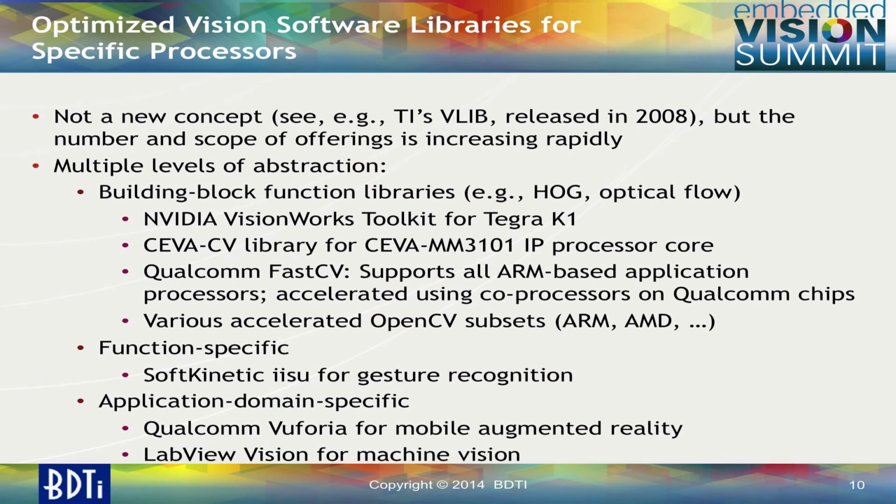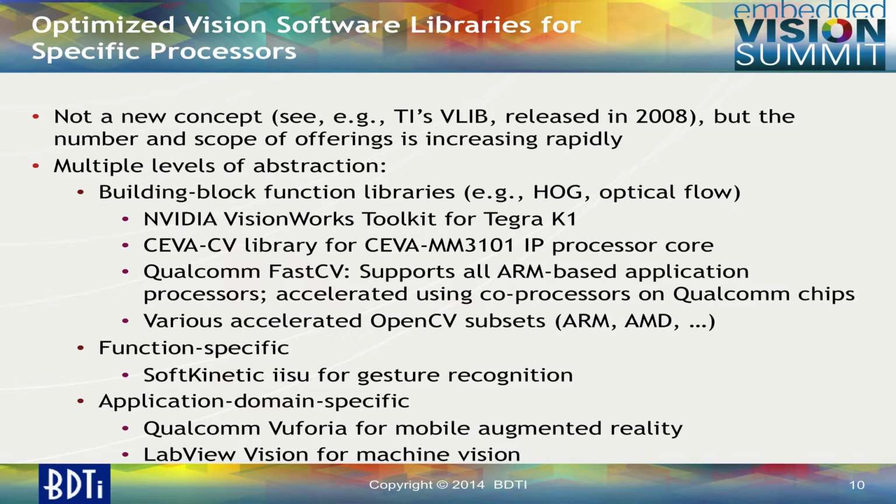Another very important tool is processor-specific libraries. We already talked about OpenCV, which is not processor-specific, although there are variants of it that have been tuned for specific processors. By processor-specific libraries, I mean things like the TI VLab, a library that Goxel mentioned. And this is not a new idea.